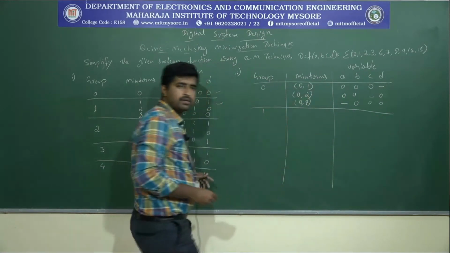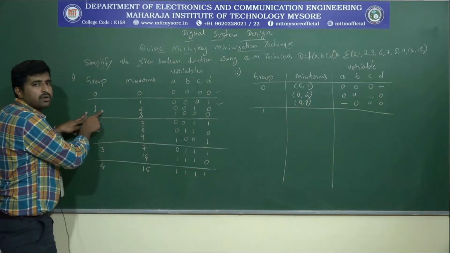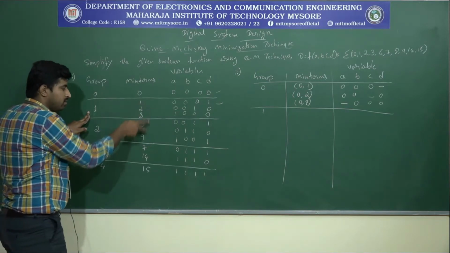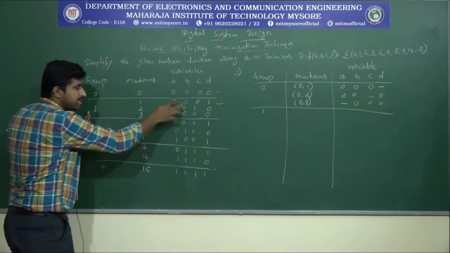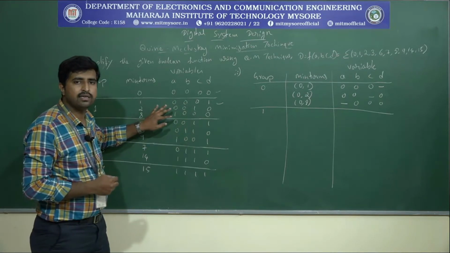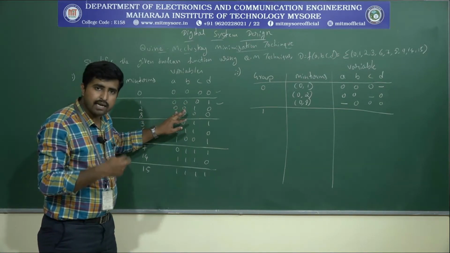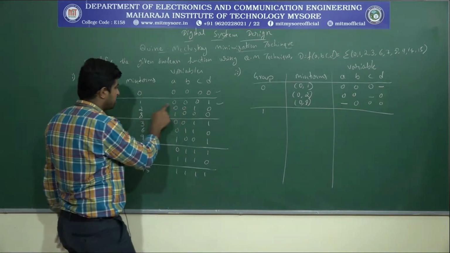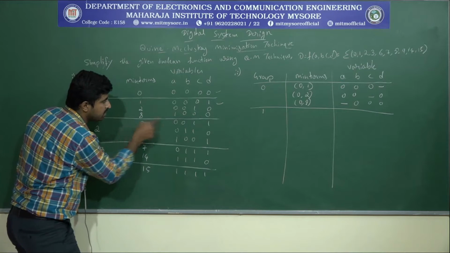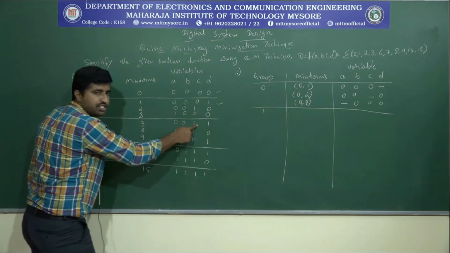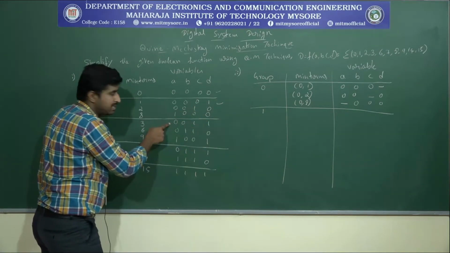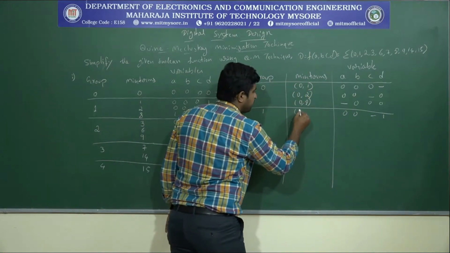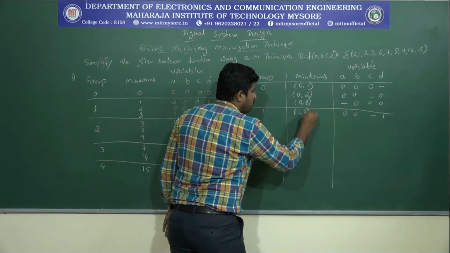Next, group 1. Group 1 will be compared with group 2, forming a group of 2 min terms, with the same procedure. We need to identify which min terms are the same but with only one variable differing. So 1 will be compared with 3. Yes, only one position has changed over and the remaining are the same: 0, 0, dash, 1, and the group corresponds to 1, 3.